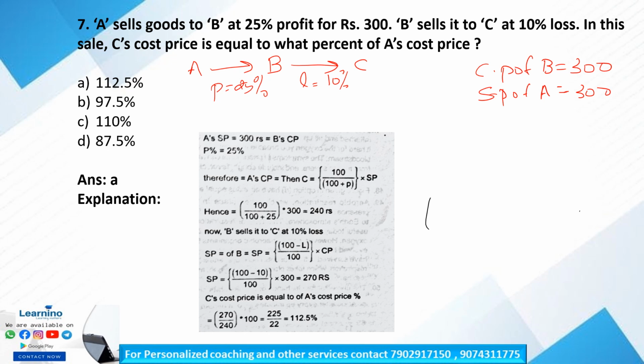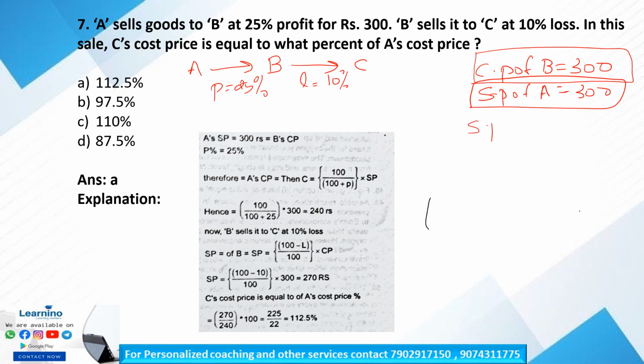We have to find, in this sale, C's cost price is equal to what percentage of A's cost price? So the selling price of A is 300 and the cost price of B is 300, with a profit of 25%. Then again B sells it to C at a 10% loss.